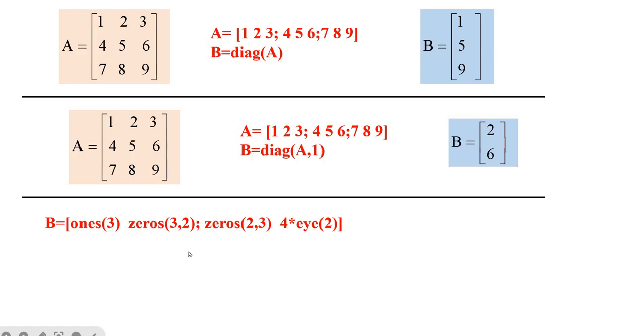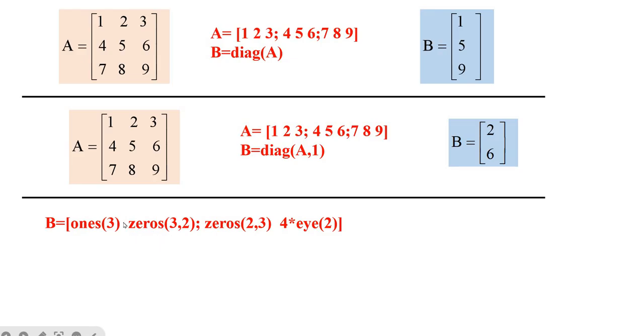Next, suppose we want to create a matrix. We want to generate a matrix, and these are the specifications or details of the matrix which we want to create. So B is equal to ones of 3. Here what we are doing is we are using these elementary matrices, and we are creating or generating an overall matrix. So B is equal to ones of 3. It should contain a matrix of order 3 cross 3 with all the elements 1.